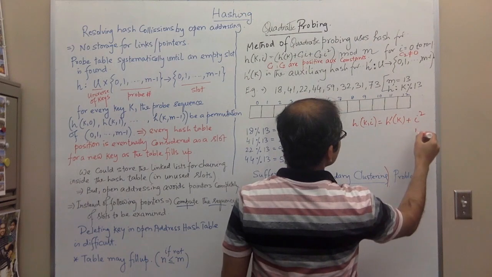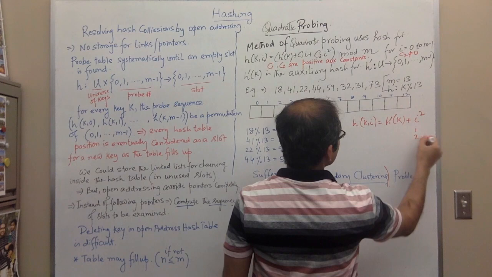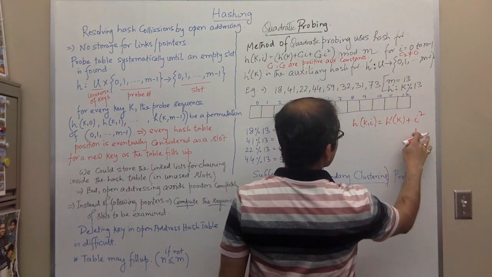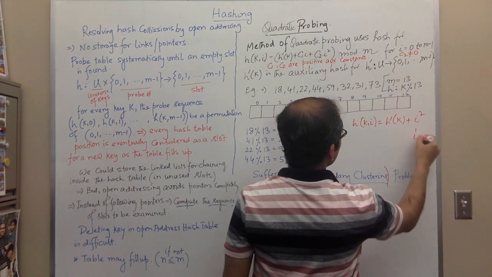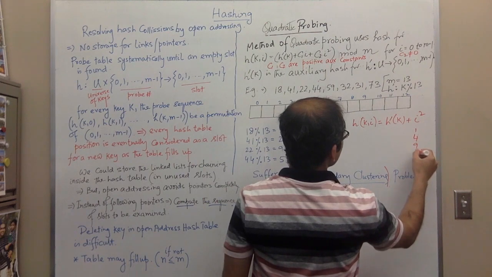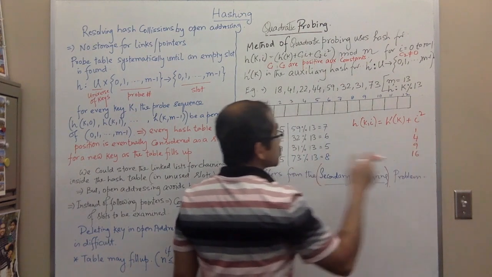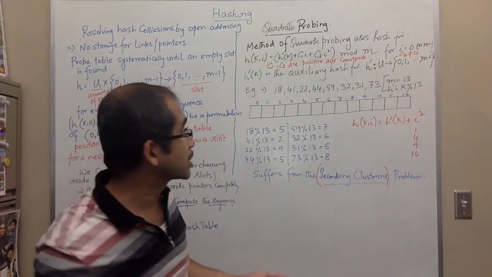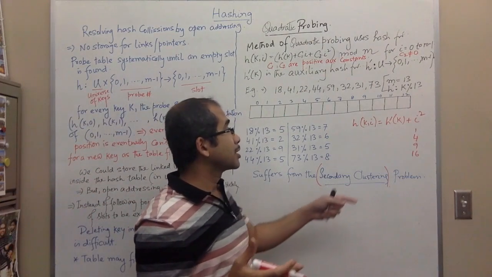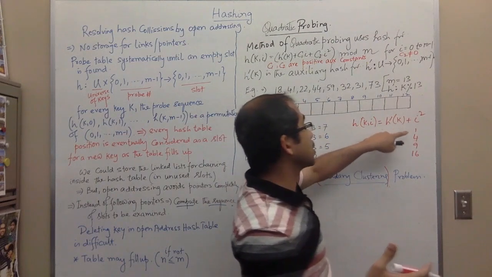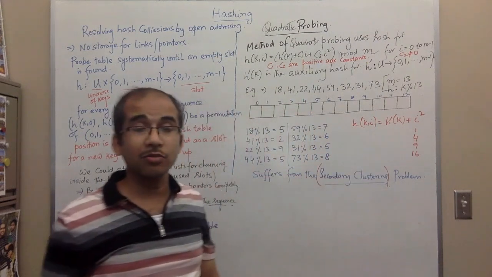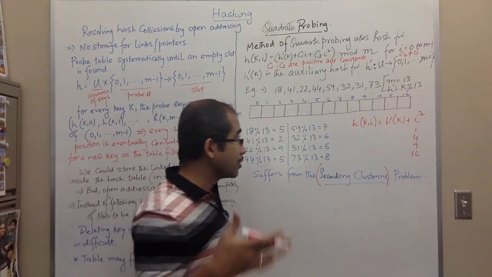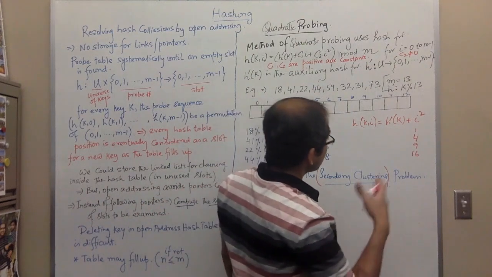For i equal to 1, it's 1, then for 2 you go to 4, then 9, then 16, in that way. So it's not linear like before, right next to 1, right next to 1, which resulted in primary clustering. This is the first position, then the 4th, then the 9th, then the 16th, until you get closest to m, and wrap around.